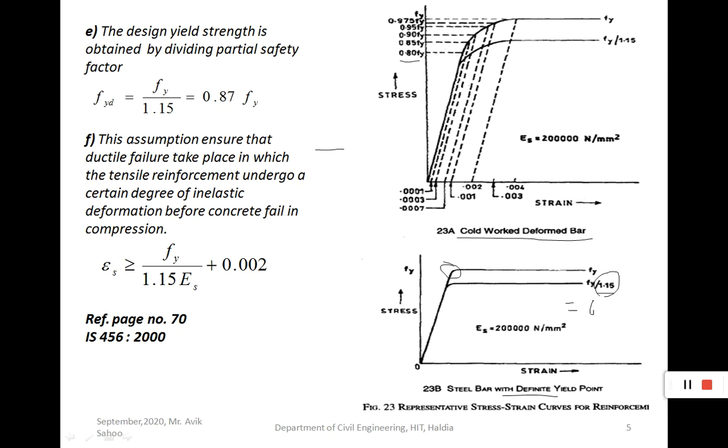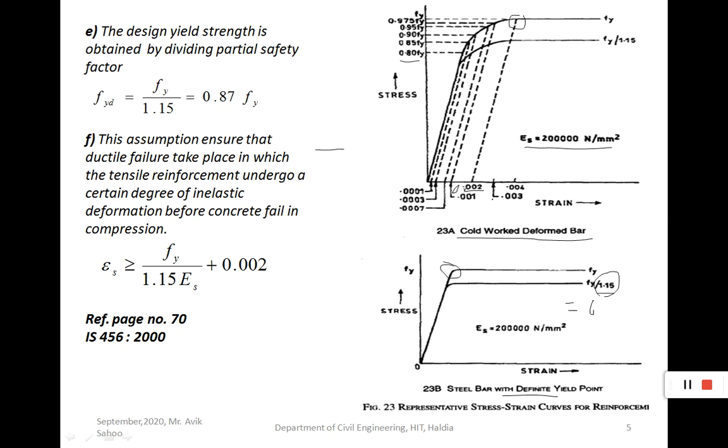Now the modulus of elasticity of steel is how much? 2 into 10 to the power 5 MPa. So this dotted line means if I remove the load at this point, then it comes back to the original length with a permanent strain of 0.002.